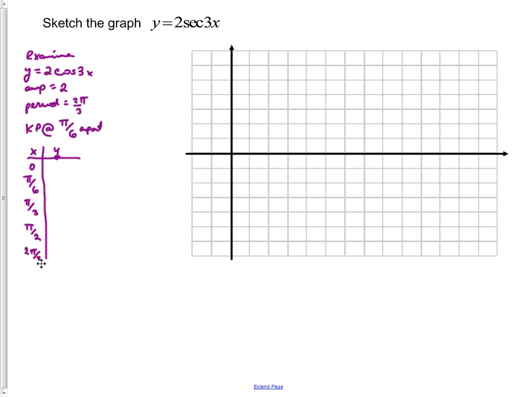These are key points that are one cycle apart. So what could we say here? In this case, y would be for cosine 2, 0, negative 2, 0, and 2.